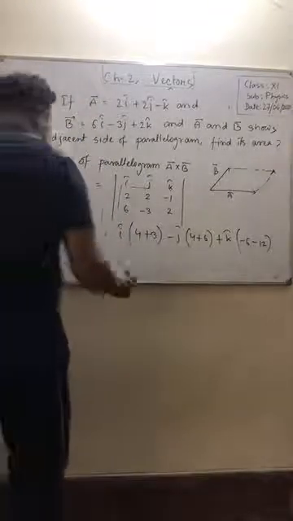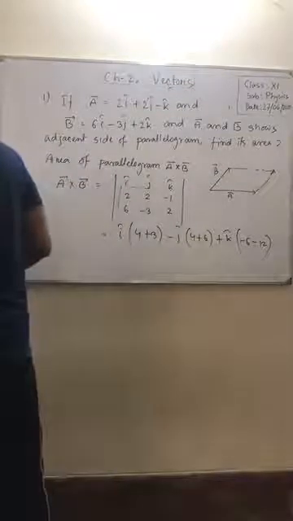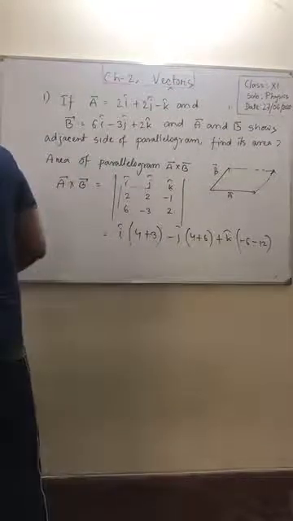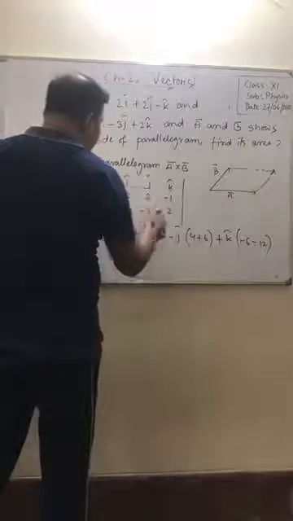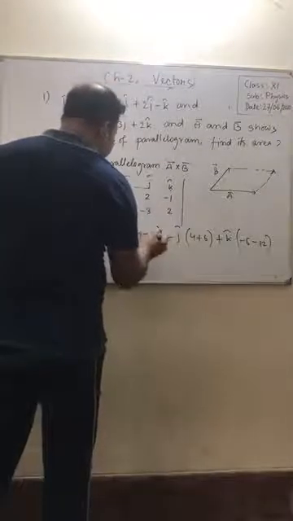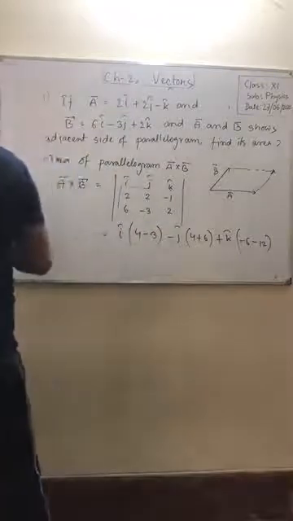What if this is coming in? 2 times 2 is 4, minus minus gives plus, minus comes in again. It's all right now.